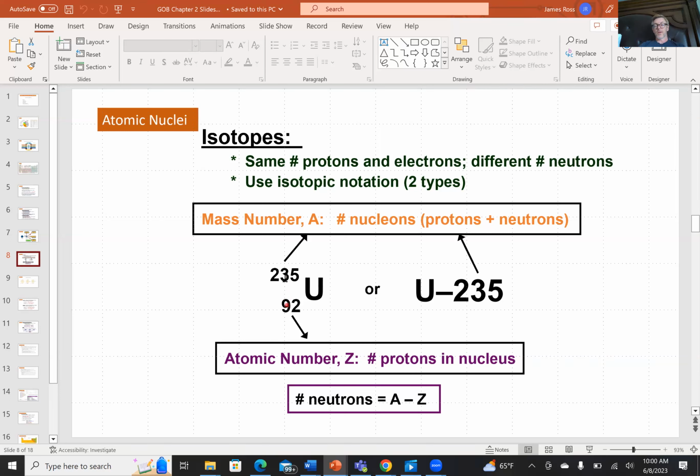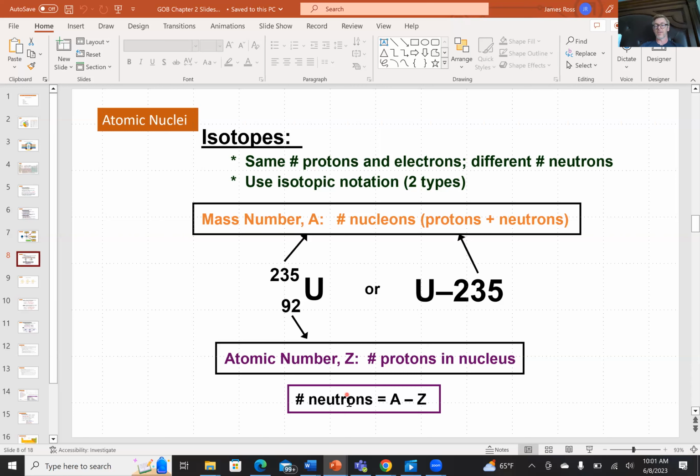We know that the smaller of the 2 numbers is the atomic number Z. That's the number of protons. If it's a neutral element, it's also the number of electrons because it has to be neutral, and only the protons and electrons have a charge. So they have to be equal in number to sum to a 0 charge. To calculate the number of protons, read the atomic number. To calculate the number of electrons, read the atomic number.